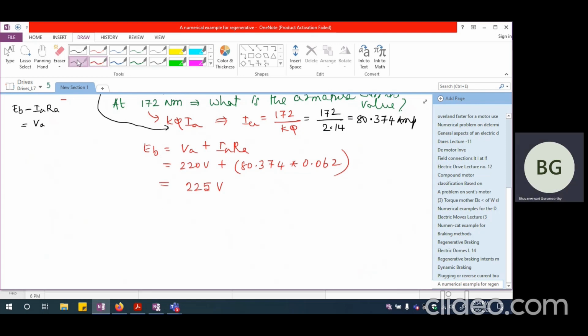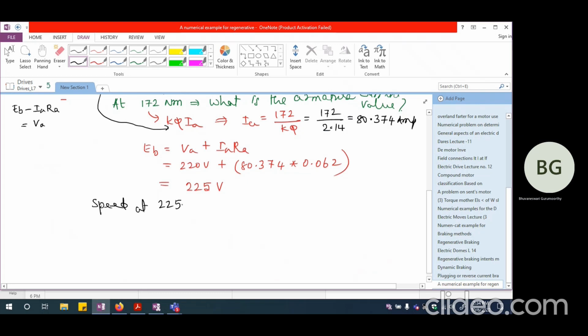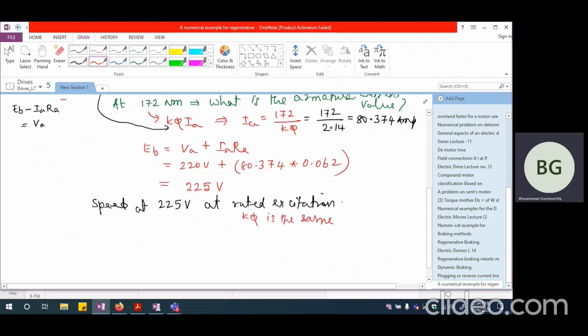So I can calculate what is the speed corresponding to 225 volts at rated excitation. At rated excitation, K5 will be a constant. So K5 will not change.